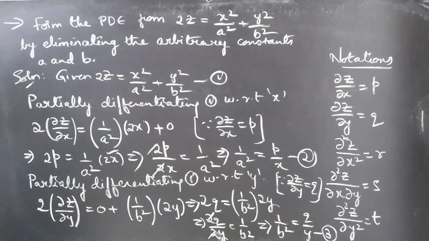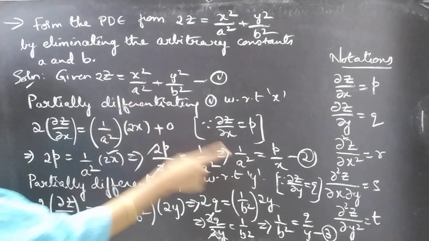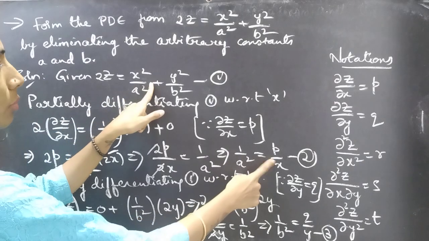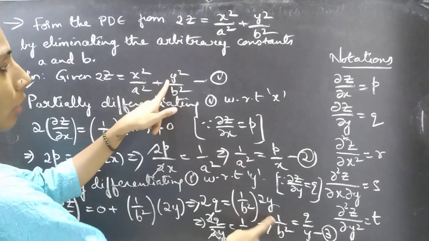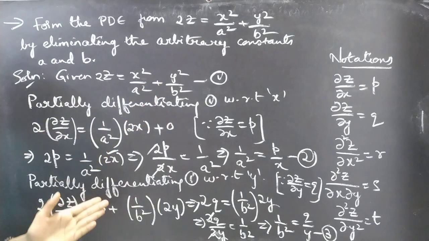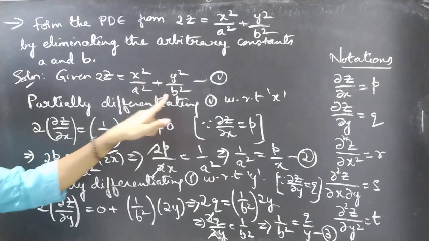So here, in order to eliminate a square and b square from 1, just observe 1, 2, 3. From this we can say that 1 by a square can be replaced by p by x and 1 by b square can be replaced by q by y. So while replacing, we can eliminate a and b.